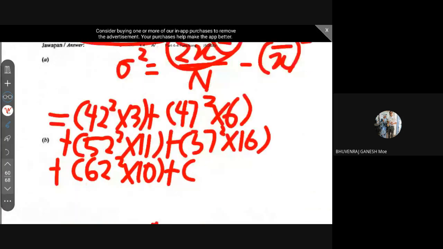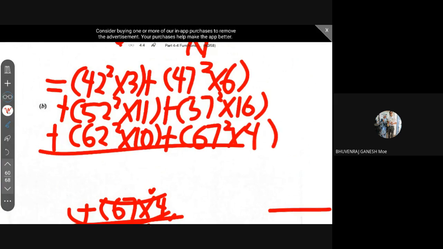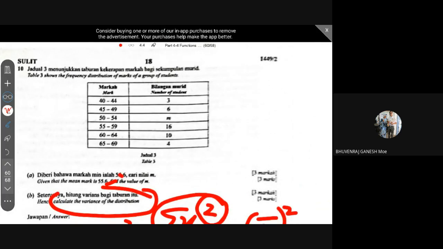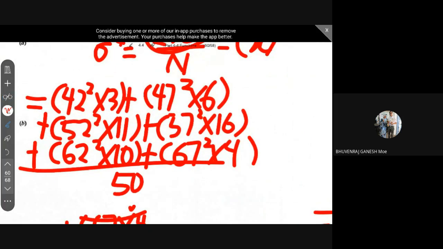If you miss out one thing, the square is gone. 67 squared times 4. Okay, done. Over, I think the question told how many students. Oh, they didn't tell. 3 plus 6 plus m, which is 11, 16, 10, 4, gives 50. Okay, good number. Over 50 minus mean square.